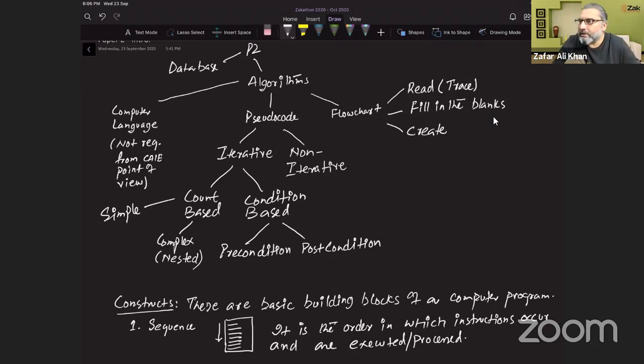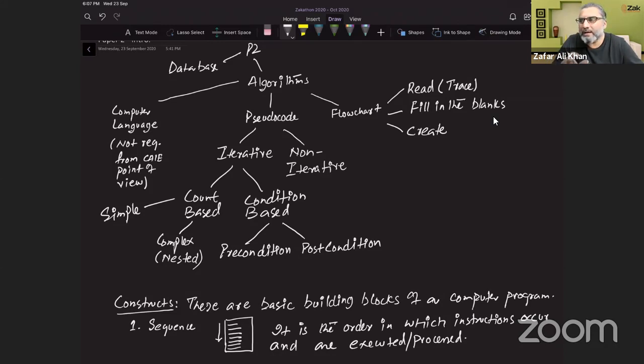As I told you, whatever we do in a computer language can also be done in pseudocode, and also in a flowchart. So initially, I will be trying to make a flowchart out of every pseudocode that we are creating. But what happens in the exam, when they ask you to come up with a pseudocode or a flowchart, they both are forms of algorithm and they mostly give you the choice.